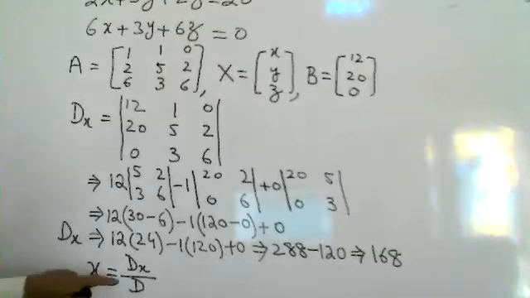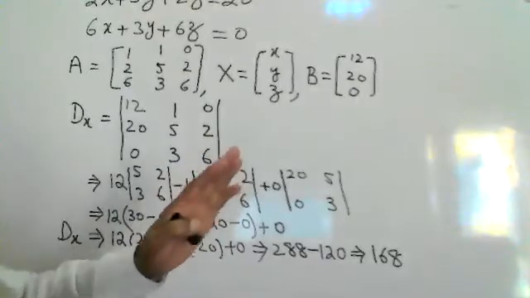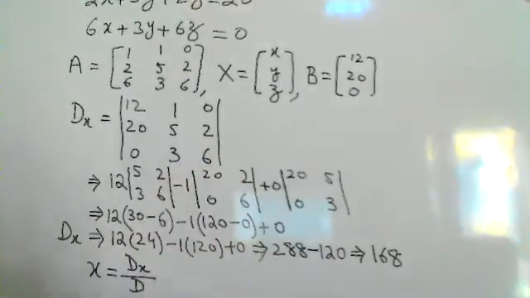Therefore, the value of d should not be equal to 0, because by 0 we cannot divide any number. The value of d must be non-zero. dx may be 0, dy may be 0, dz may be 0, but d should not be equal to 0, because if d is 0, we cannot divide by d.